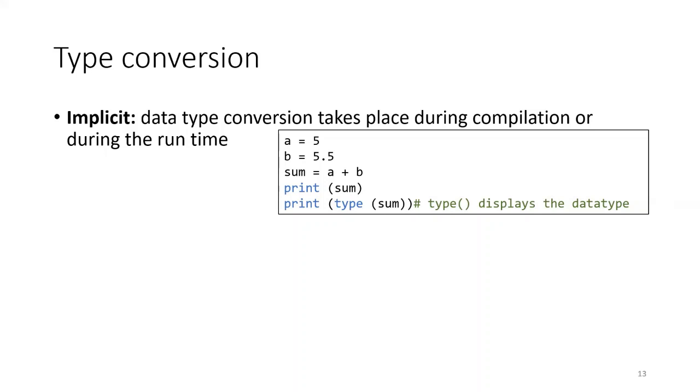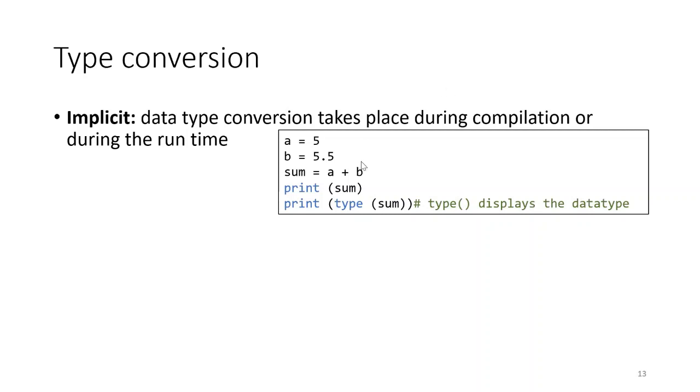Because we know sum of 5 and 5.5 will be 10.5. If sum is an integer, it cannot store 10.5. It can only store either 10 or 11. So Python is smart. It tries to find the data type needed to maintain the precision that we would desire.